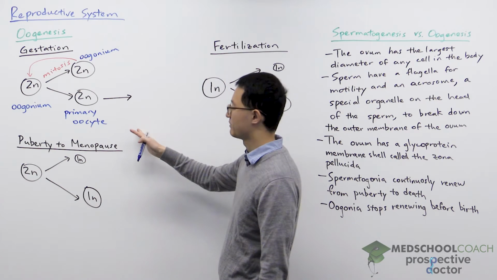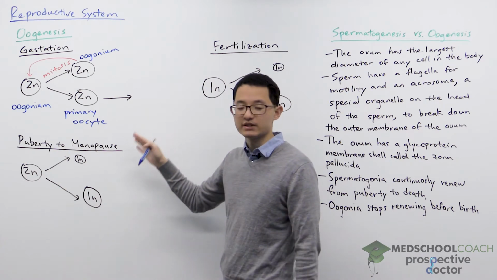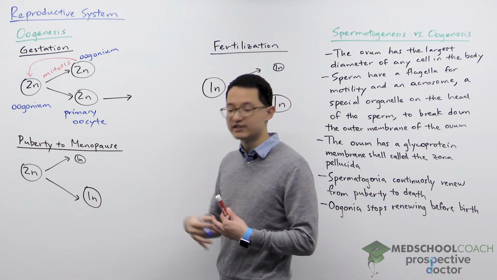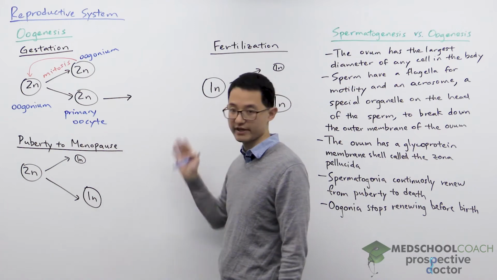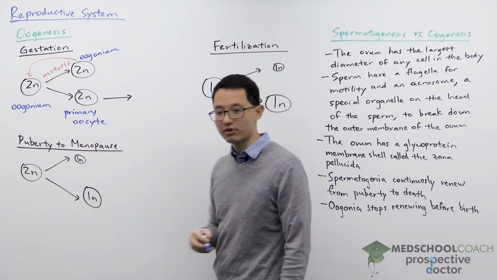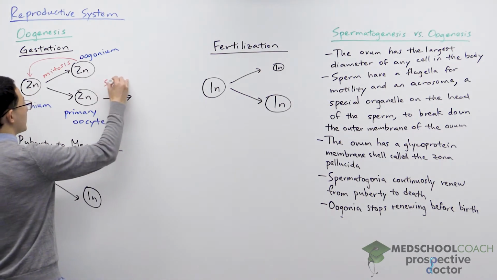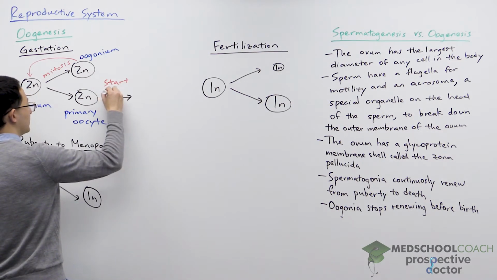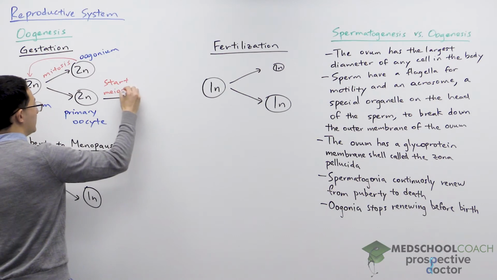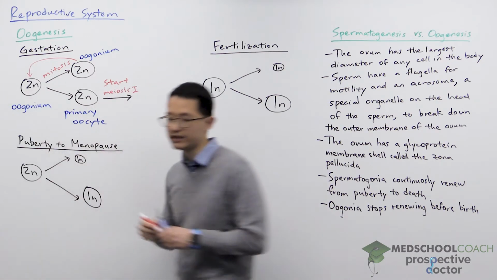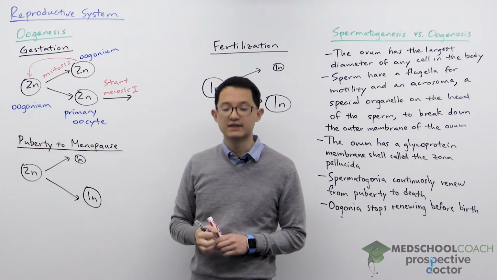Now, the interesting thing about females is that the process of forming the ovum is disjoint. It does not all happen at once. Here, the primary oocyte is going to start meiosis 1, but it's not going to be able to complete the process.